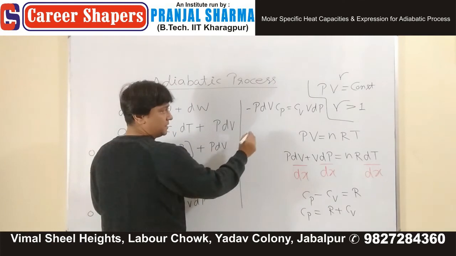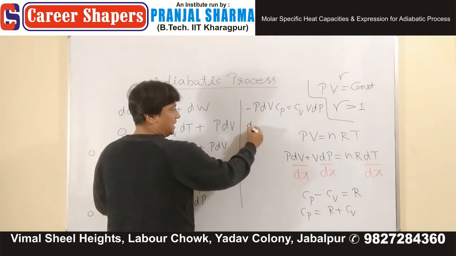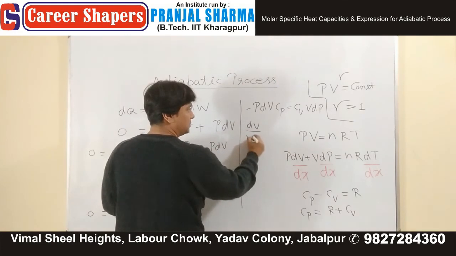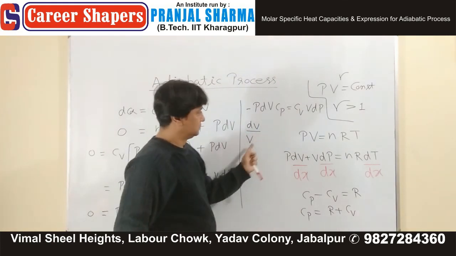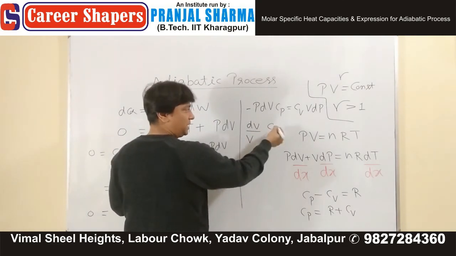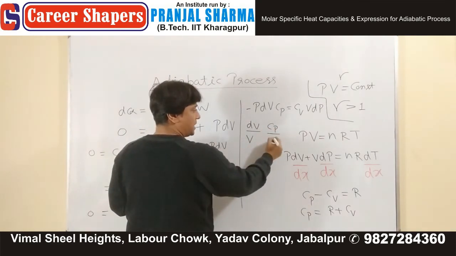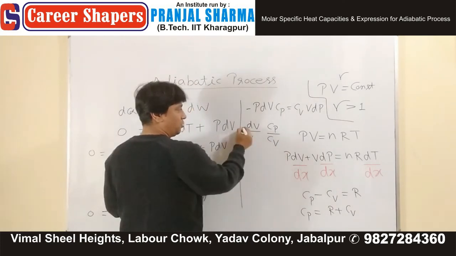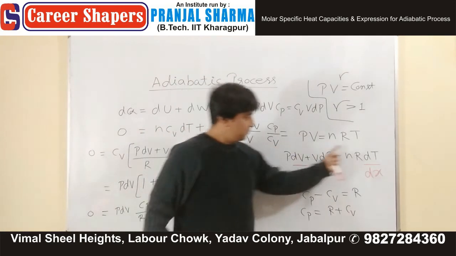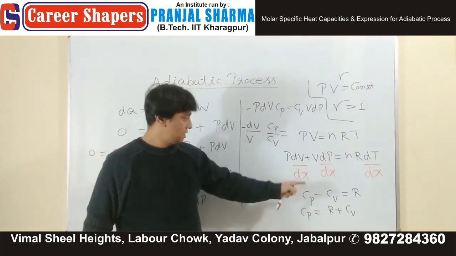This becomes then dV divided by V, Cp divided by Cv with a negative sign equals to, hopefully आपने ये part note कर लिया होगा.